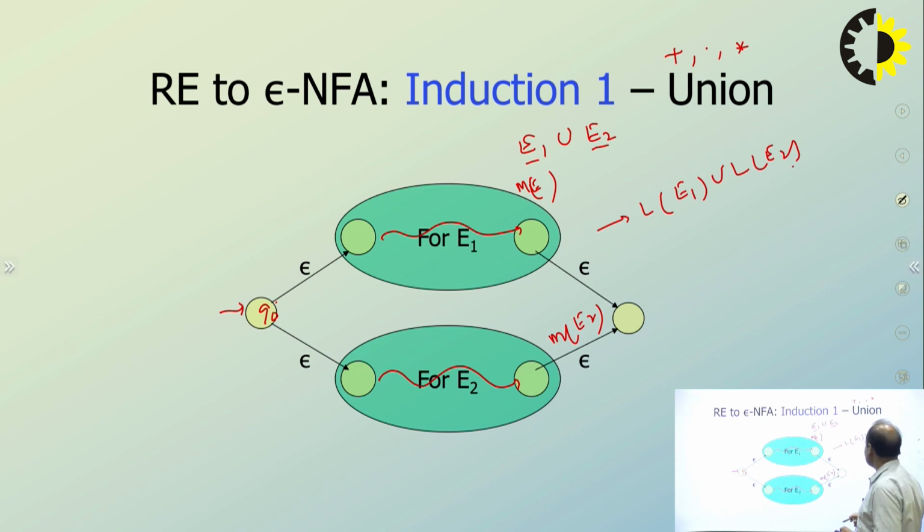Let's have one example. Suppose we want to make a machine for 0 plus 1.